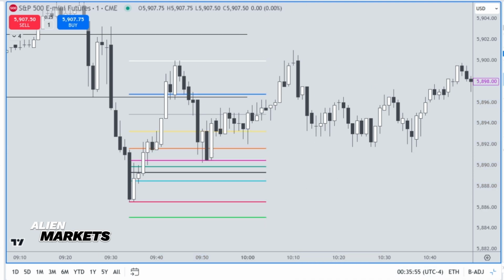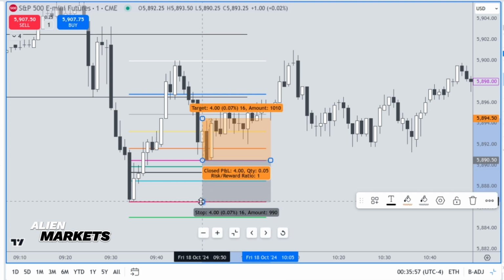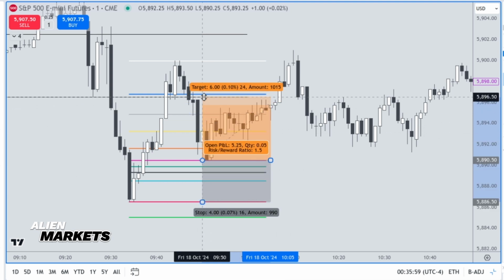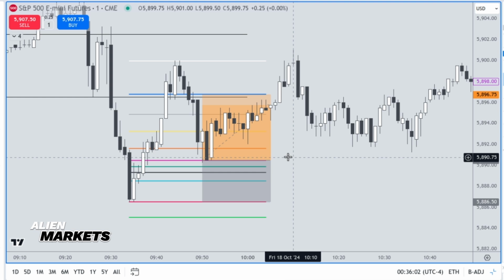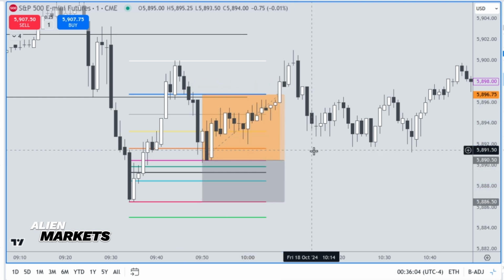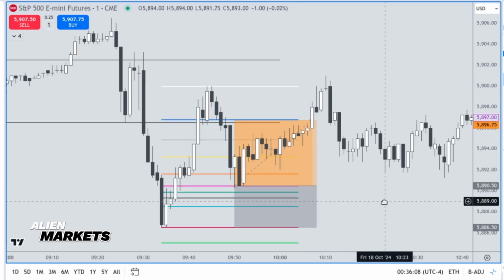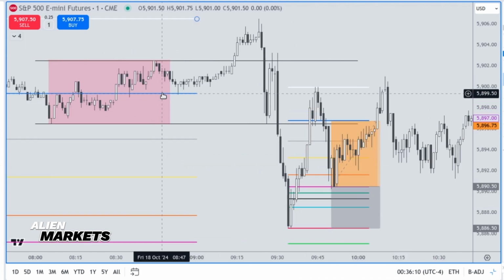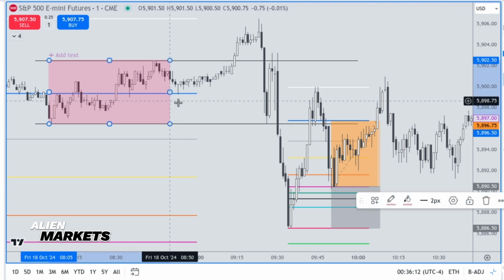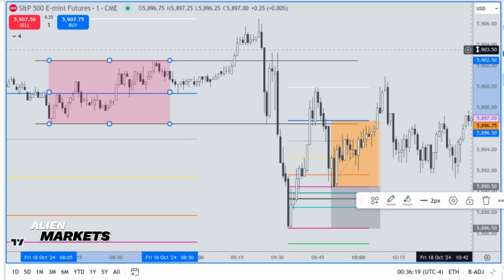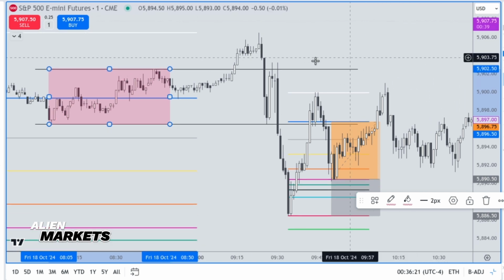We could have taken this long right here. And that's it. So you can see the power you have if you can spot this movement on 1 hour time frame. 2 candles, 2 small little candles.